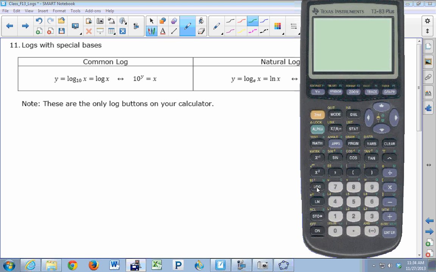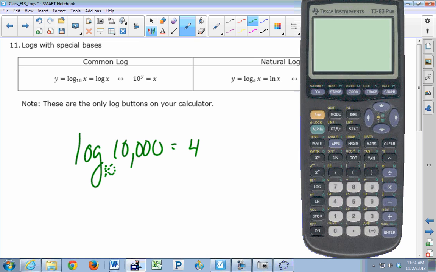So log must have 10 as its base. When you see log base 10 of x, it's so commonly used to have base 10, they don't even bother writing in the base. So when you see a log without a base written on it, it's understood to be 10. So if you see something like this, log of 10,000, the base is understood, even though they don't write it, to be base 10. So your answer here is 4, because 10 to the 4th is 10,000.